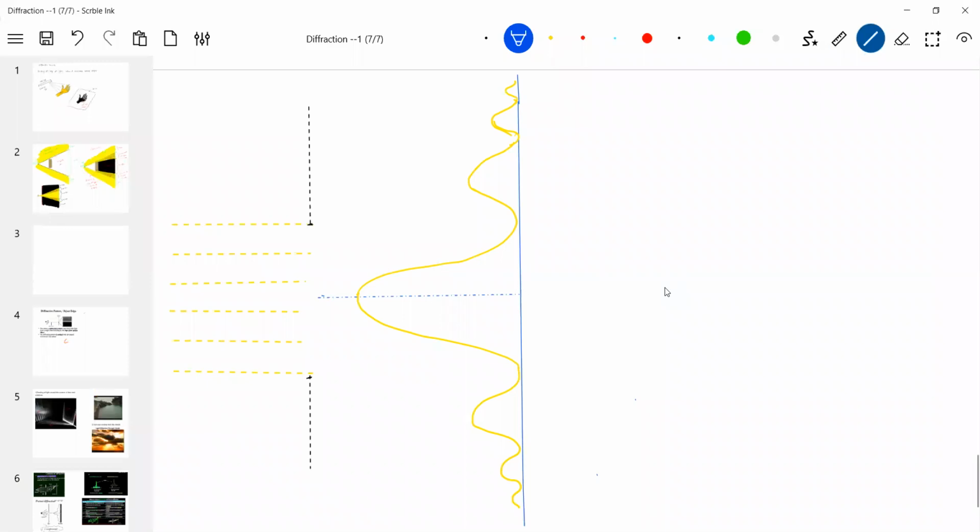I'm showing a few, similar to the interference pattern only. This will be called the central maxima. This will be the first dark band, and there's the first bright band. D2, B2, D3, B3. It will be symmetric. This is D1, this is B1. Like this, the center is called the central maxima.